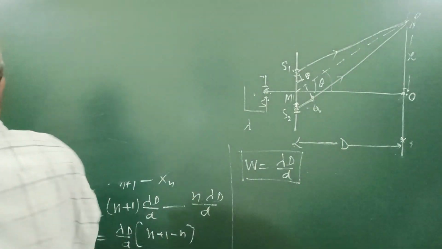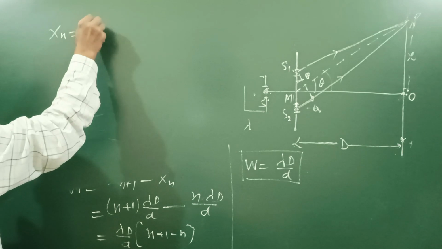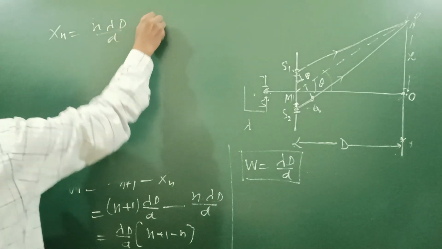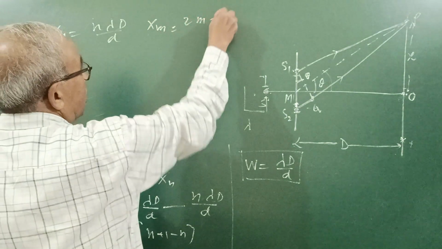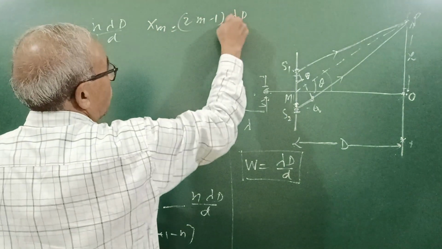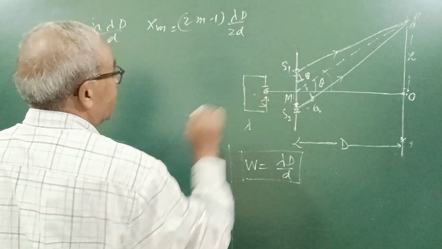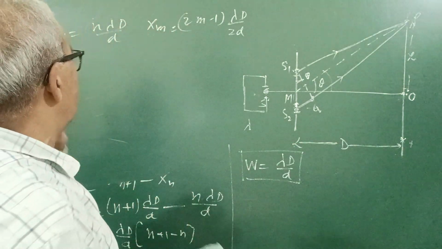Distance of the nth dark or nth bright fringe, x_n, from lambda and lambda D upon d. x_n equal to (2m minus 1) lambda D upon 2d. Lambda is the wavelength of light emitted from source S. Capital D is the distance of the screen from the two slits.